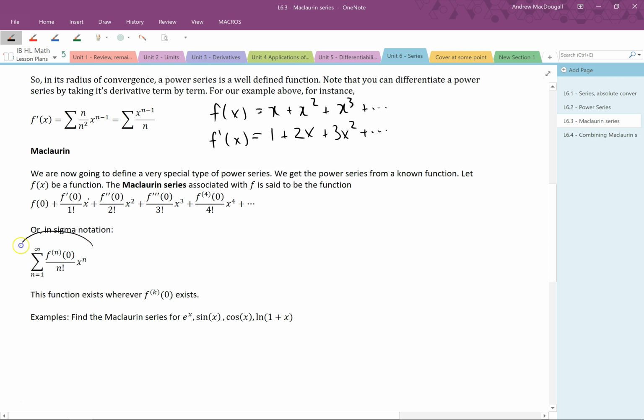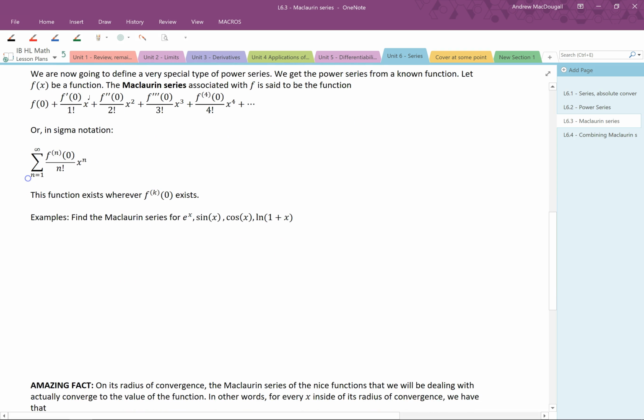And you can use sigma notation. This is a formula for the Maclaurin series of f. As of right now, this Maclaurin series is just some random series we can create by plugging values into f to get the coefficients. And this function exists whenever the kth derivative exists.